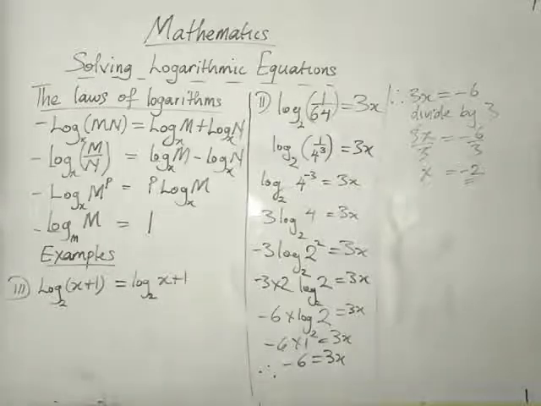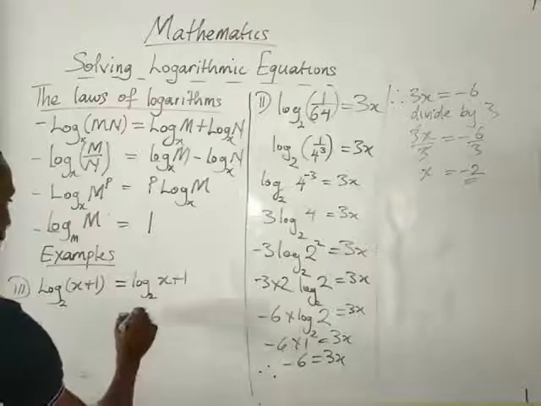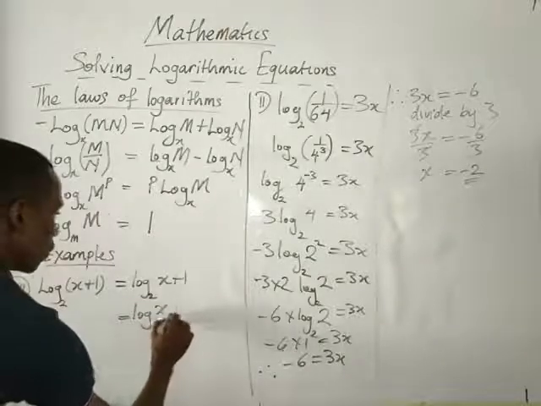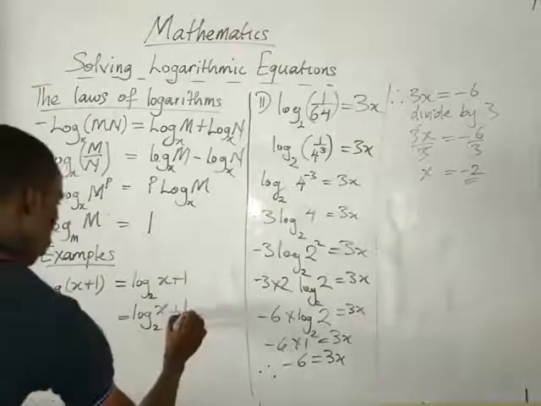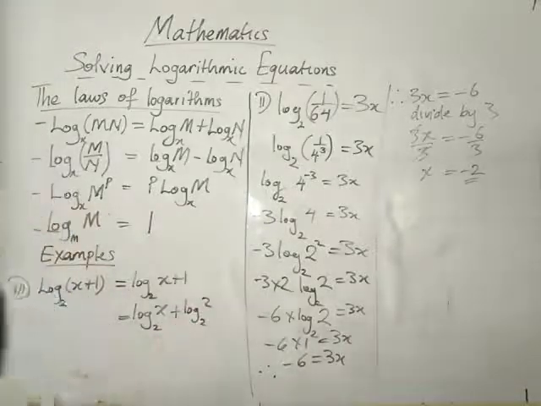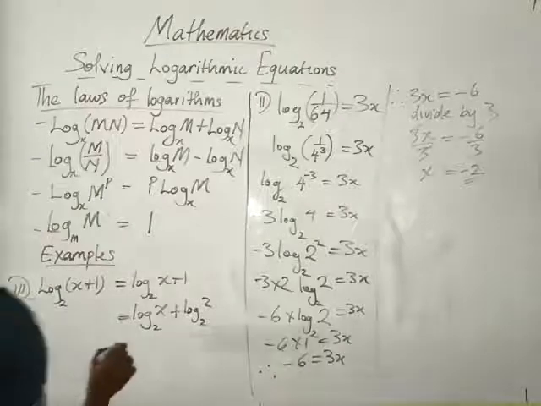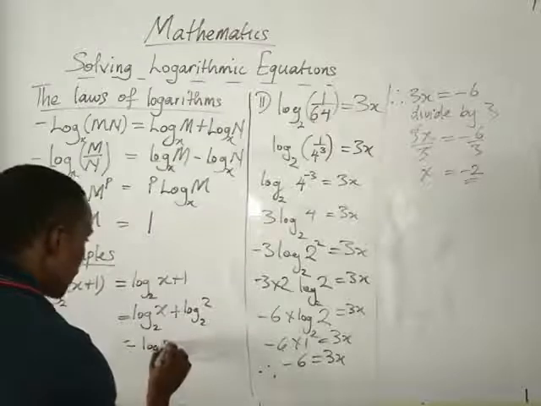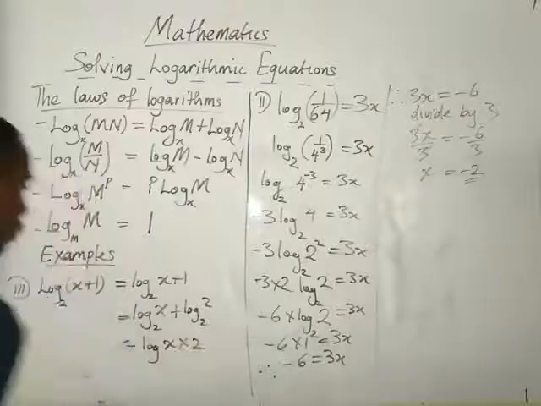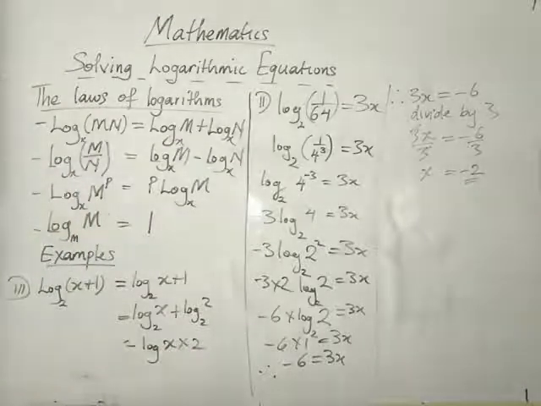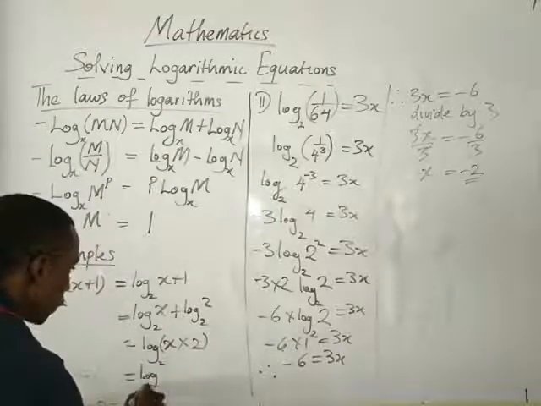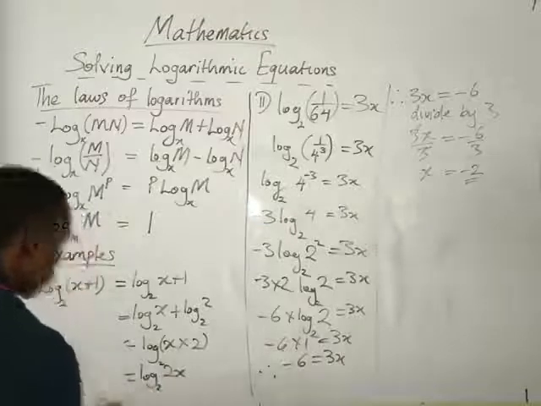Now, here I can describe this as my log x to base 2, for 1 can be taken as log 2 to base 2. So in this case, I will be having my log x plus log 2 refined back to log 1, so to base 2, which will give me log 2x to base 2.